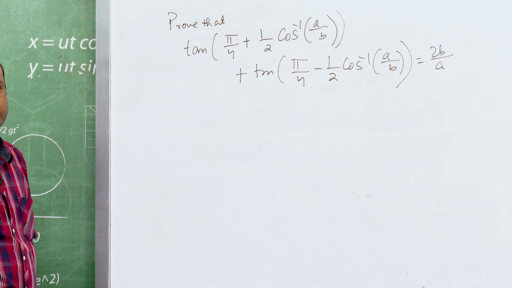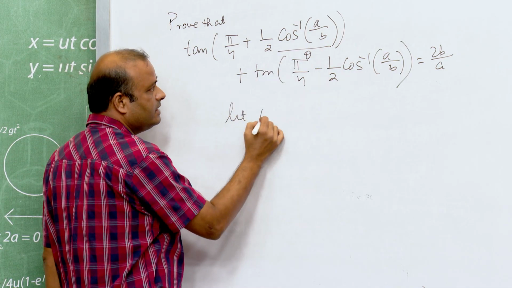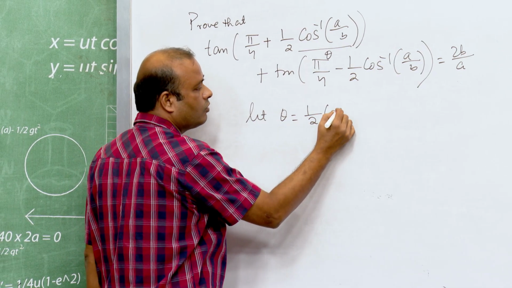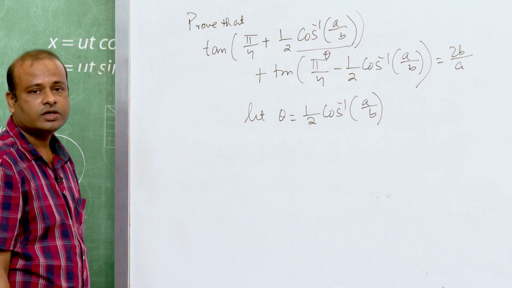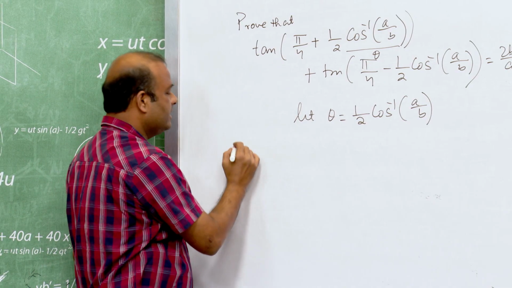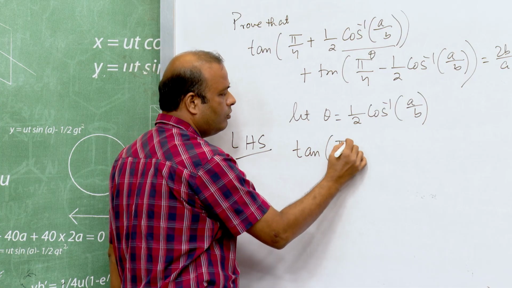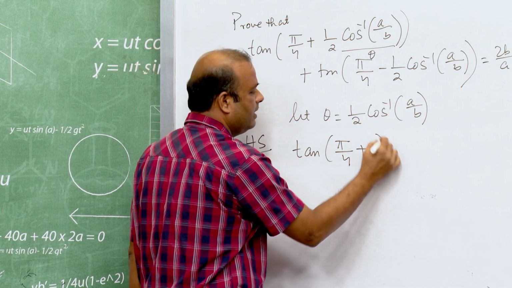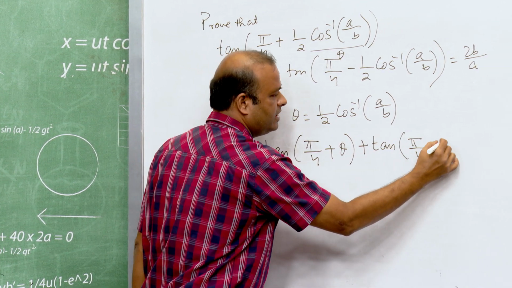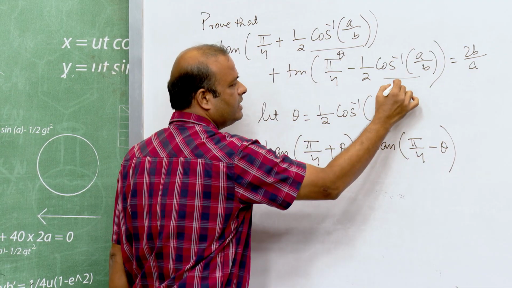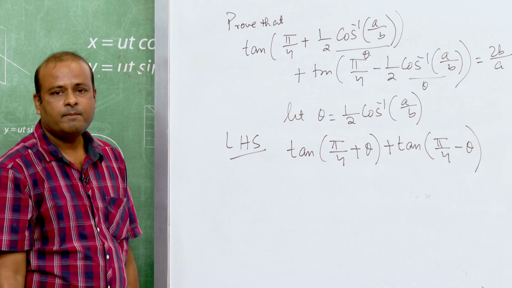Let theta be equal to 1/2 cos inverse a/b. Now the LHS will be tan(pi/4 + theta) plus tan(pi/4 minus theta).